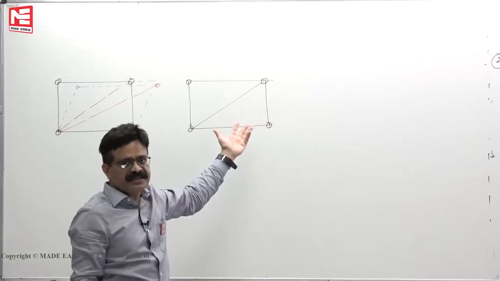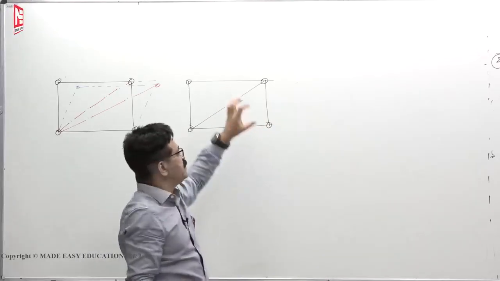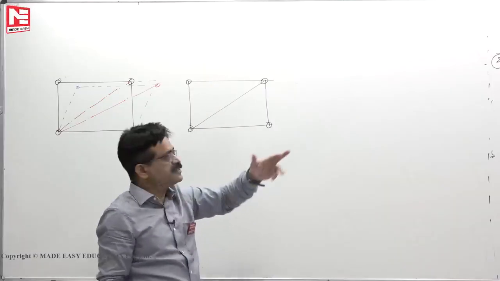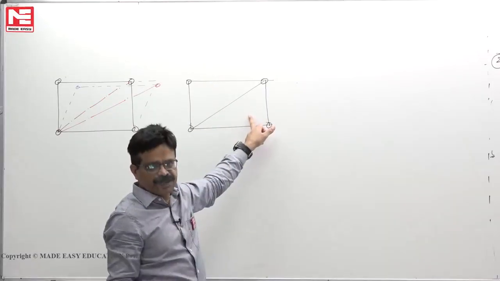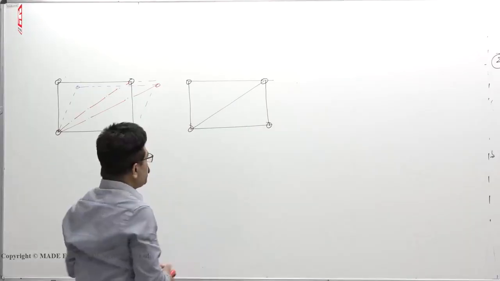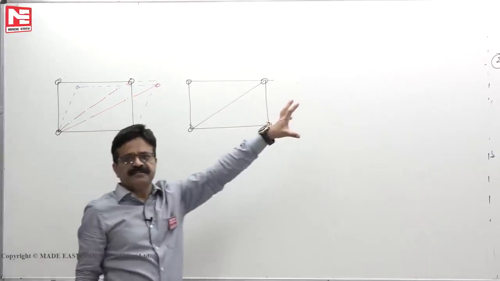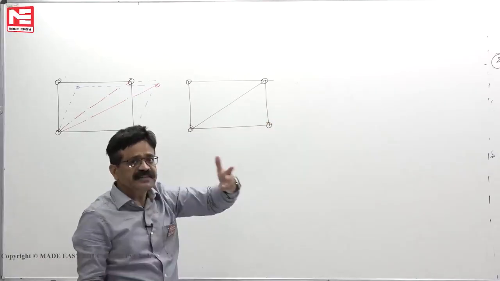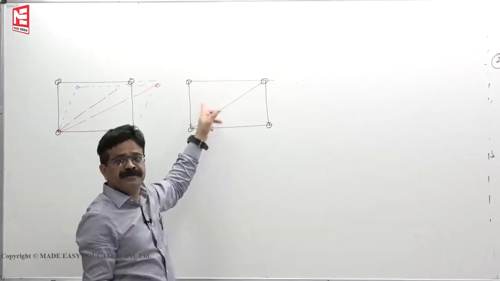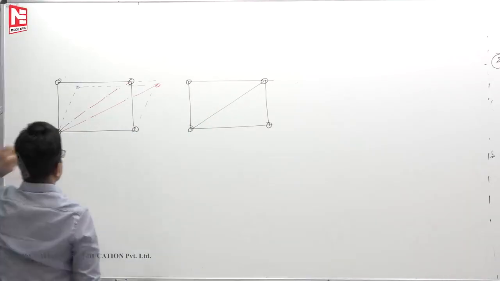Compressive stress, tensile stress will develop, and such structures are stable structures. Simple trusses are built by taking this one, a triangulated form we will make. Accordingly, to make a triangulated truss, there is a relationship between the number of members and the number of joints. So that point we will take in the fourth concept.